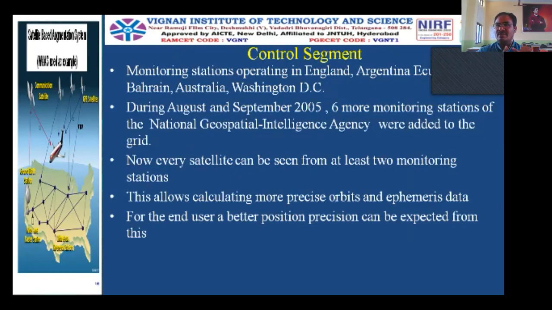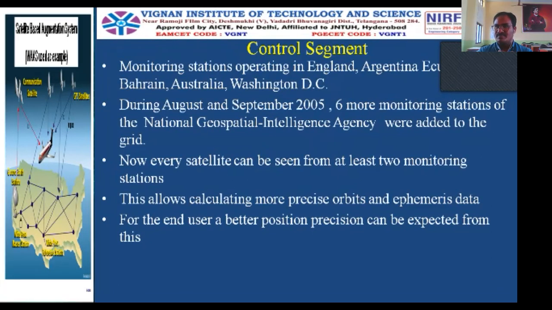So an RF signal will consist of 2 pieces of information. One is the satellite's position, that is measured in terms of its longitudes and latitudes, as well as when the signal has been transmitted from that satellite. When it is received by the user segment receiver, then the user segment receiver will send this information to a master control station, that is MCS.